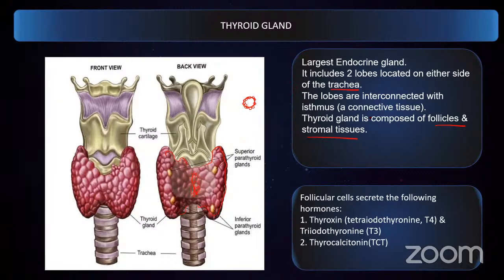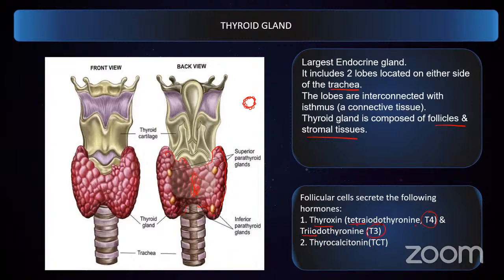When we talk about the follicular cells, they participate in secretion of three types of hormones basically. One is thyroxine, also called tetraiodothyronine or T4. Tetra is T4, and the other one is tri, triiodothyronine, that is T3.